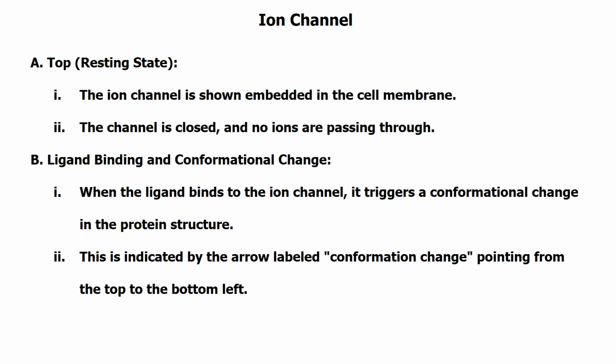Ligand binding and conformational change occurs when the ligand binds to the ion channel. It triggers a conformational change in the protein structure. This is indicated by the arrow labeled conformational change, pointing from the top to the left bottom.